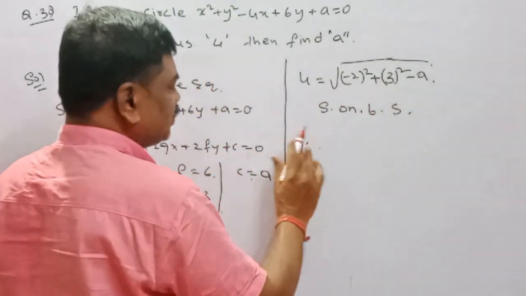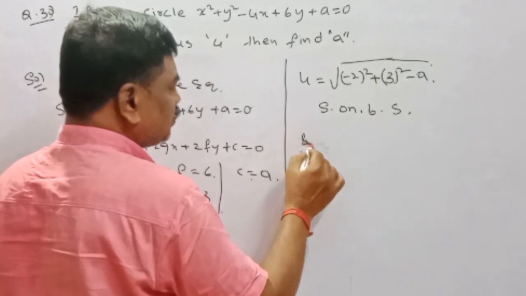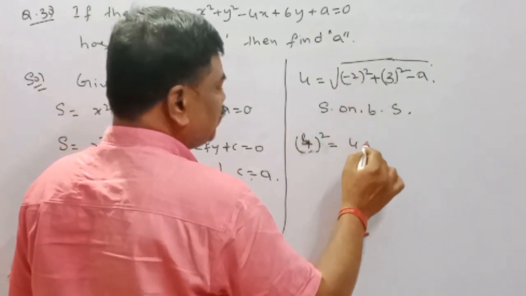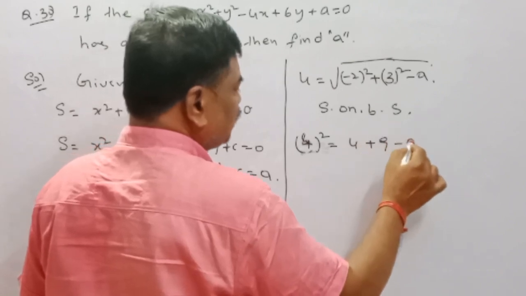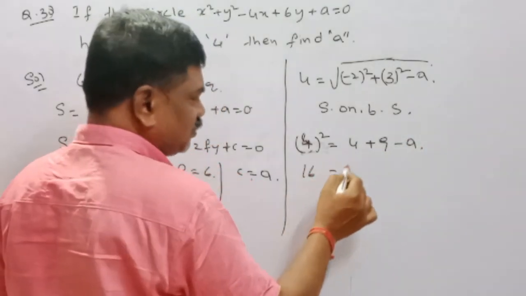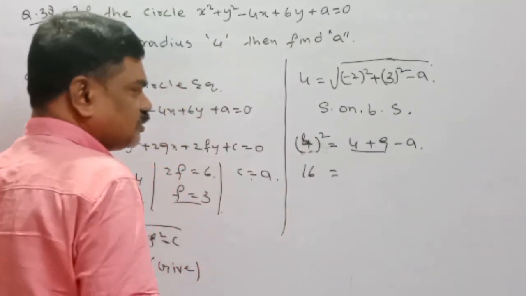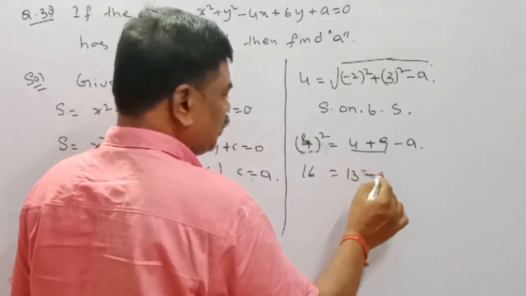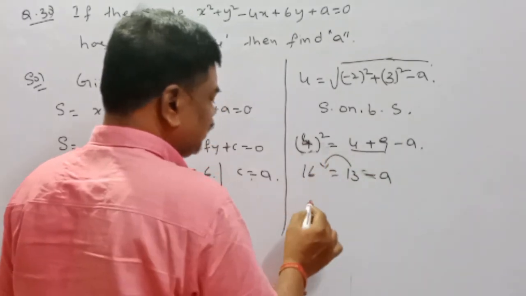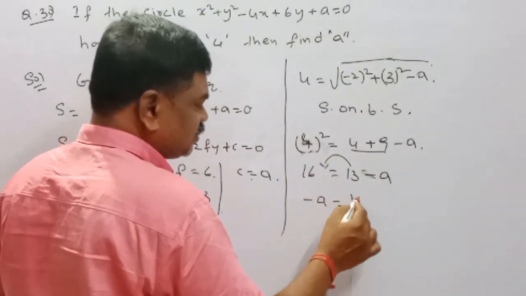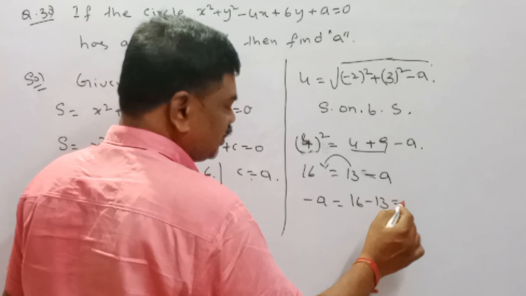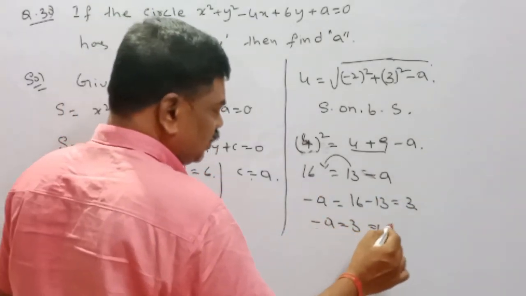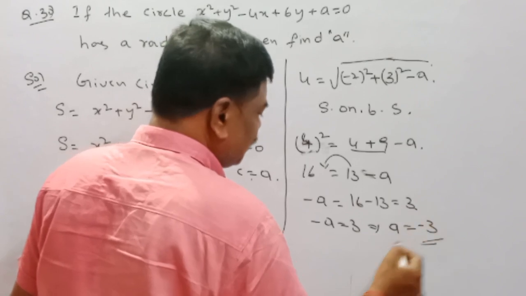This is 16, 4 whole square, equal to 4 plus 9 minus a. 16 is equal to 13 minus a. Minus a you can take to this side. Minus a is equal to 16 minus 13, that is 3. Minus a is equal to 3 implies a is equal to minus 3.